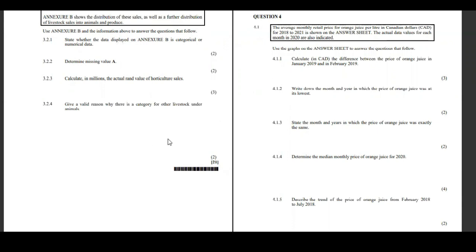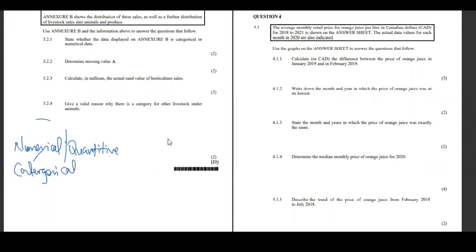You need to differentiate between categorical and numerical. You understand? I'll start with numerical. Numerical is always quantitative, whereas categorical is descriptive.